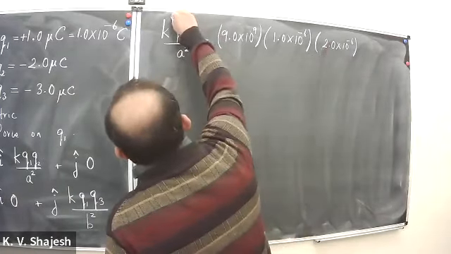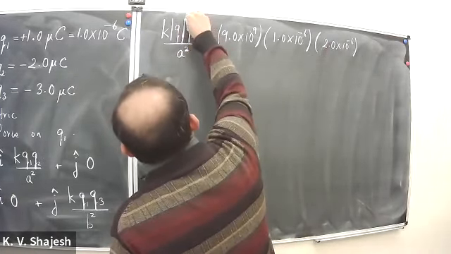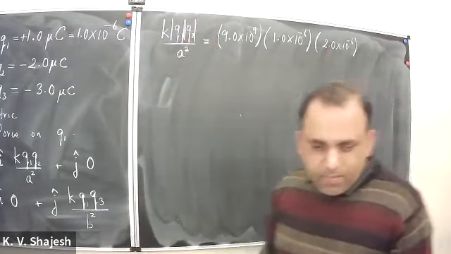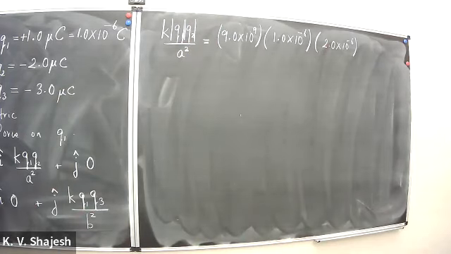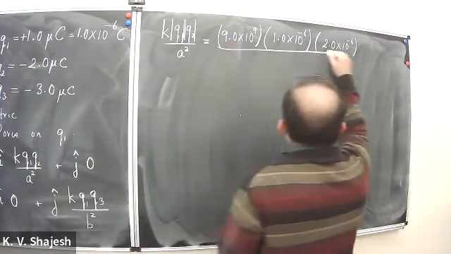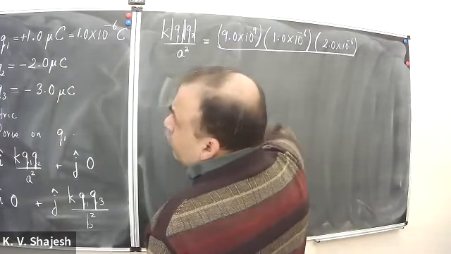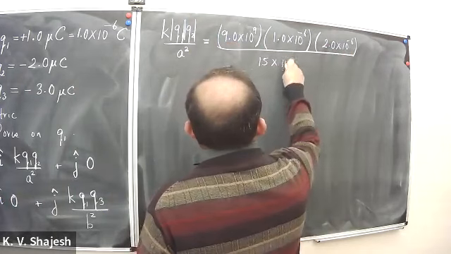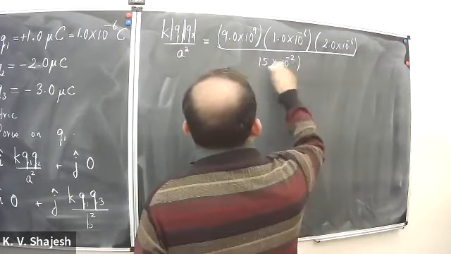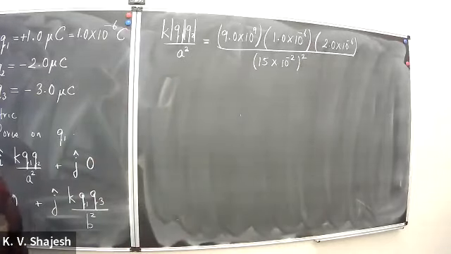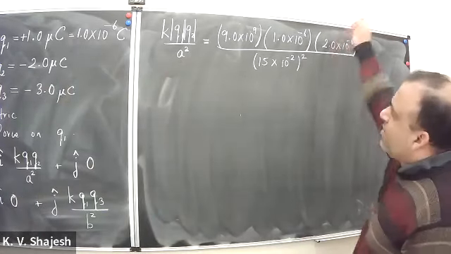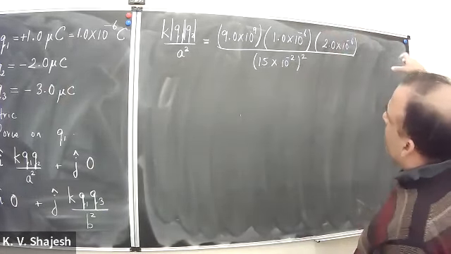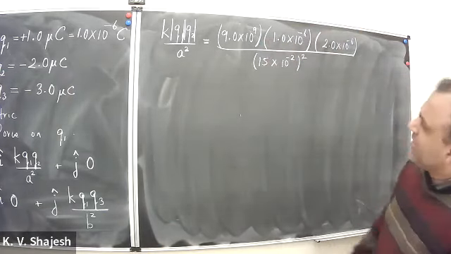So to clarify that even better, let me say this is magnitude of Q1 and magnitude of Q2. So ignore the sign when I'm actually putting the numbers in there. Divided by A squared. A is, we said, 15 centimeters. So that's 15 into 10 raised to minus 2. We need to put it in meters, right? So that's squared. You can do this in various ways. Many of you might be familiar with putting this into the calculator itself. That's one way of doing it.